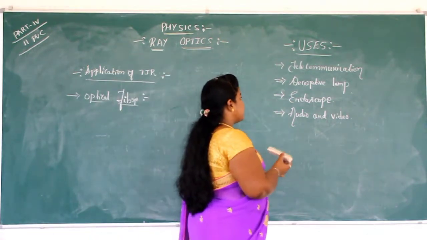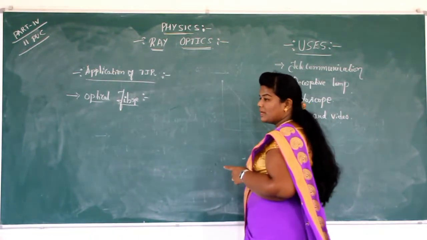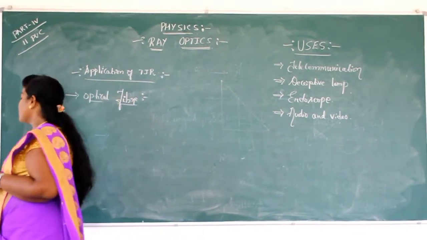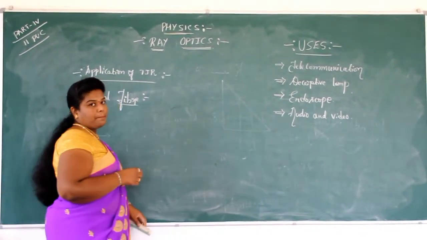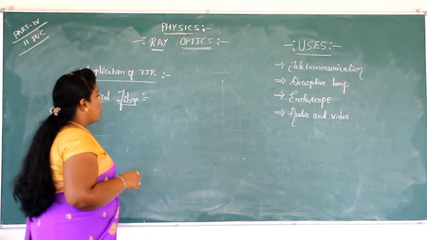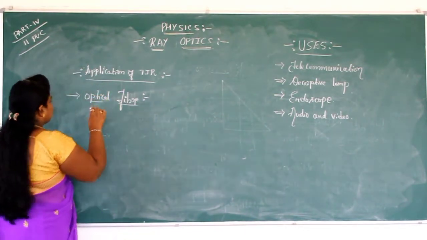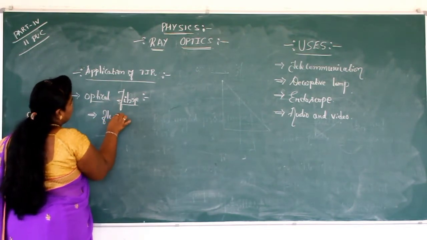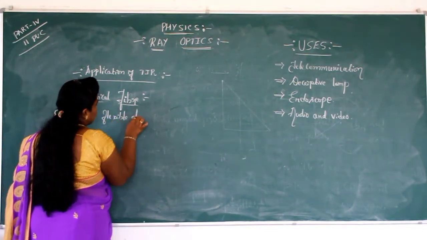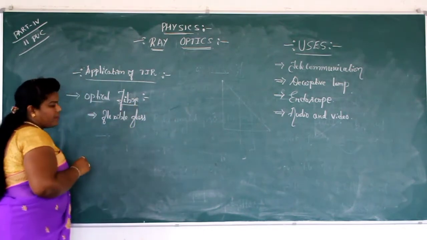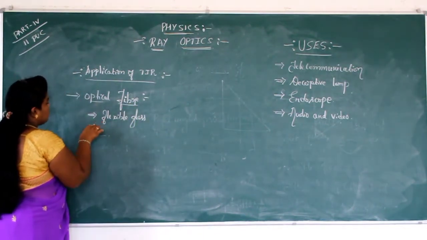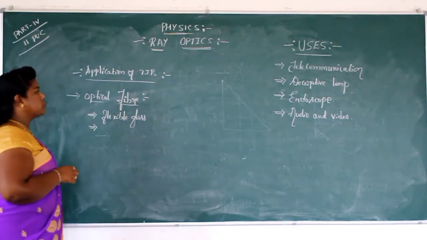Okay, hope with these uses I am moving towards drawing the diagram for optical fiber. Dear students, here I am representing the optical fiber. Keep in your mind that the optical fiber is made up of flexible glass or plastic.